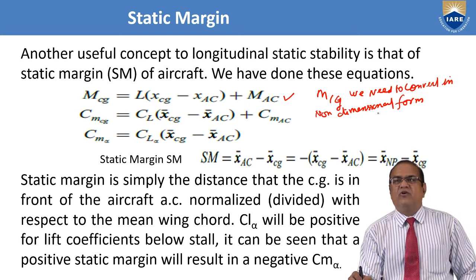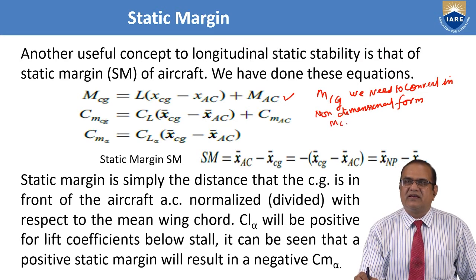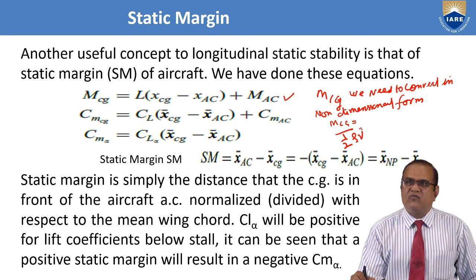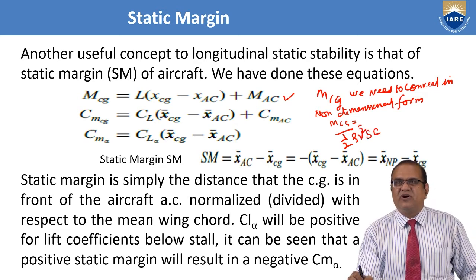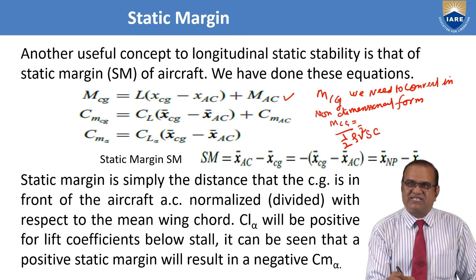So what do we have to do? This Mcg is divided by half rho V square S into c. Then this will be in non-dimensional form. It is called the coefficient of moment with respect to the CG.